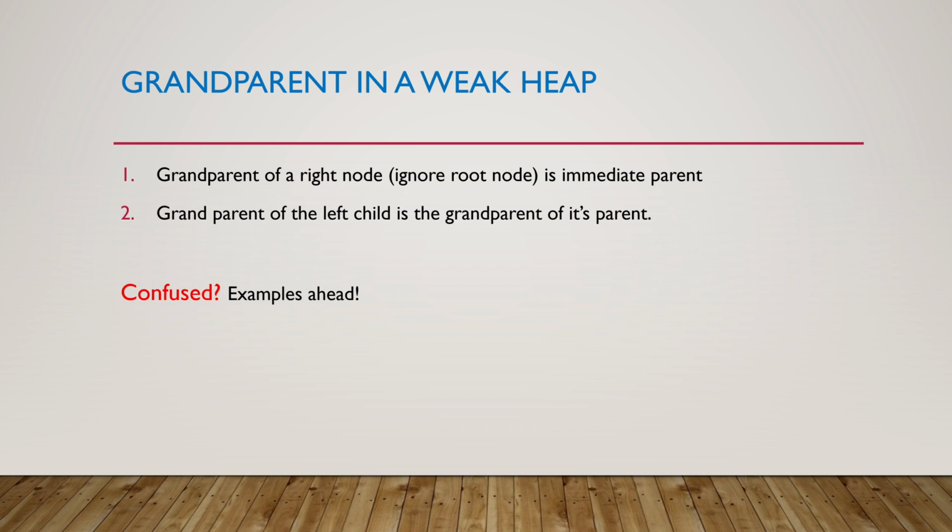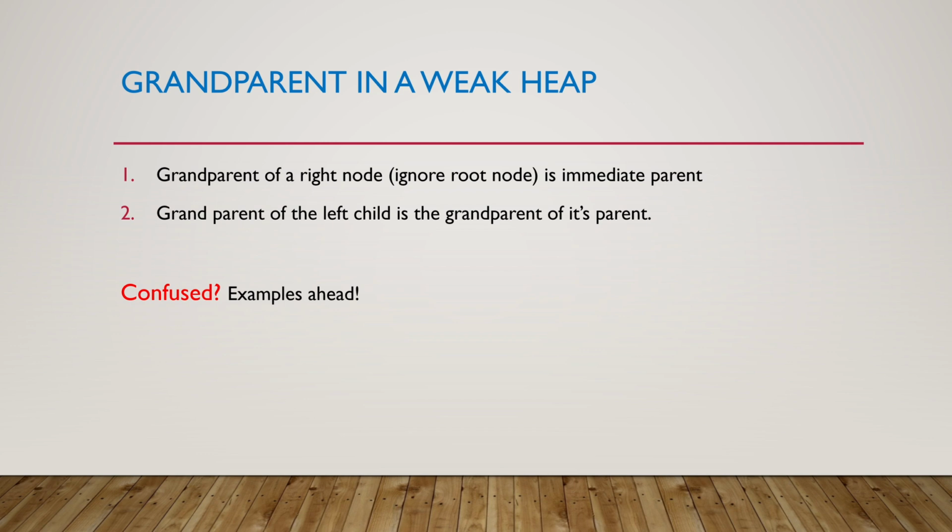And grandparent of the left child or left node is grandparent of its own parent. So if you want to find a grandparent of any node which is on the left hand side, then you need to go to its own parent and then find the grandparent of the parent.